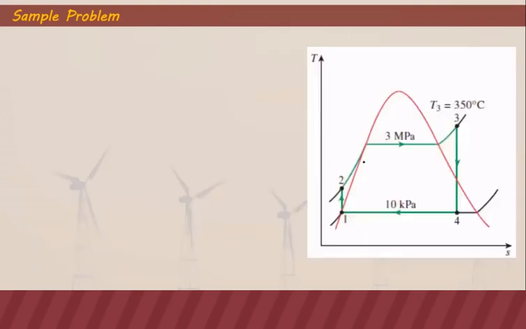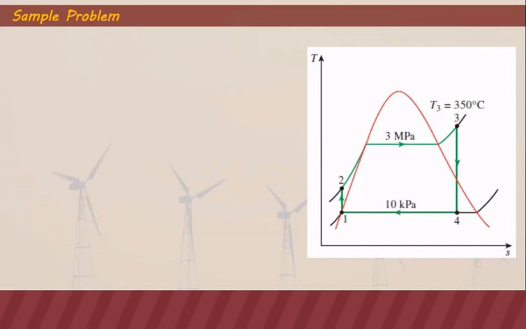So for the first setup, we have a Rankine cycle with a boiler pressure of 3 megapascal and a condenser pressure of 10 kilopascal, and then the superheated vapor temperature at the inlet of the turbine. So point 3, the inlet of the turbine, is 350 degrees Celsius.